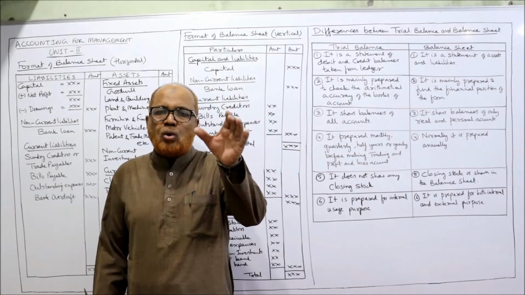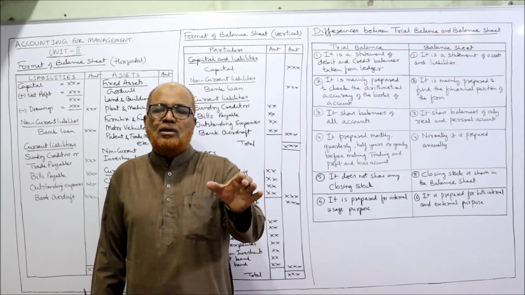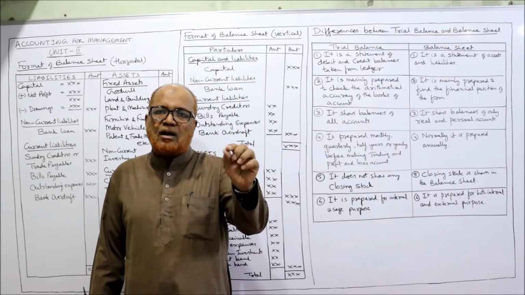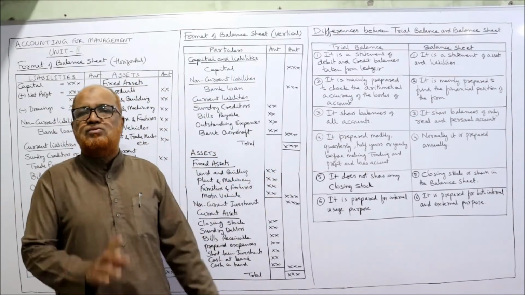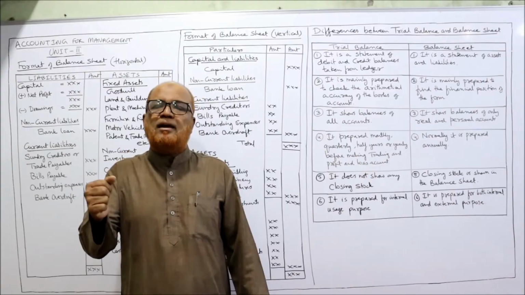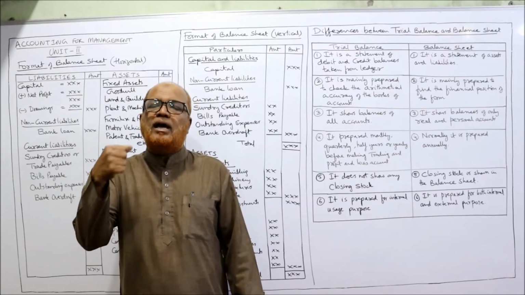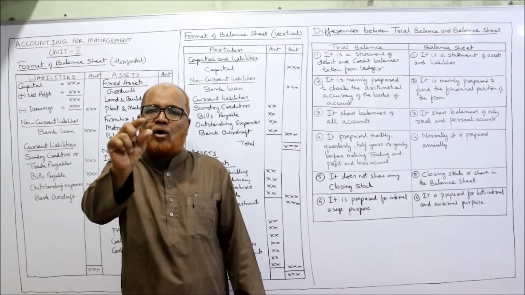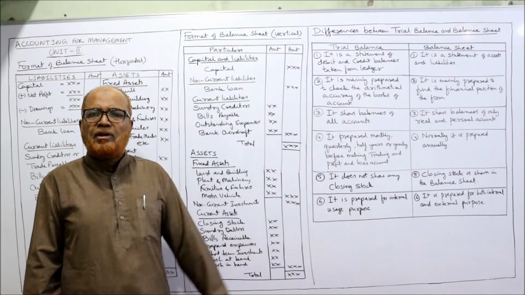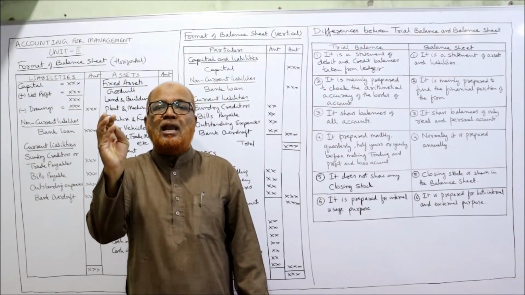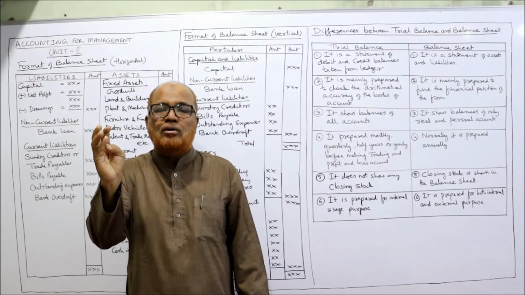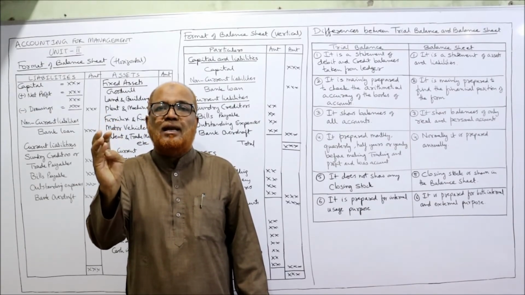Then third difference is it shows the balances of all accounts. In ledger we have so many accounts. For that purpose, we will take all account balances. Whether it is a personal account, real account, nominal account, any type of account, all account balances will be taken in trial balance. Whereas in case of balance sheet, we consider only real account and personal account.